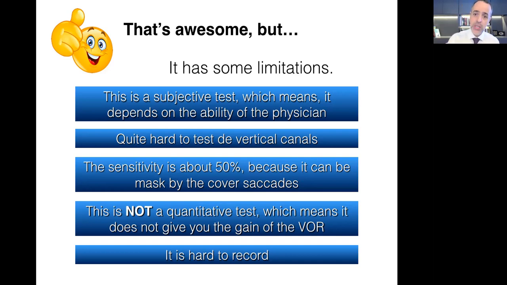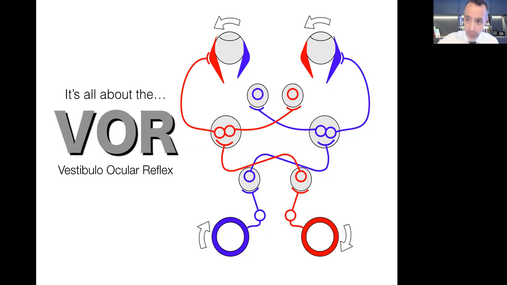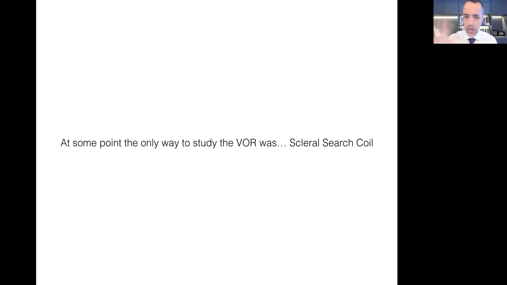And that's the reason we now have the video head impulse test. Video head impulse tests are devices that evaluate your VOR gain in the 3 semicircular canals on each side. At some point back in time, the only way to evaluate the VOR gain, before video-oculography devices, was what we call the scleral search coil method.